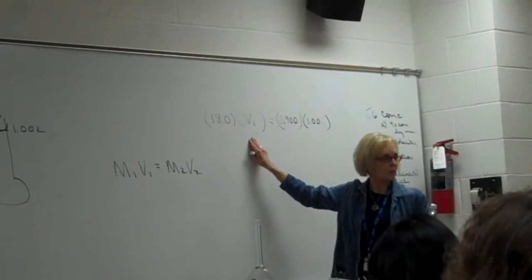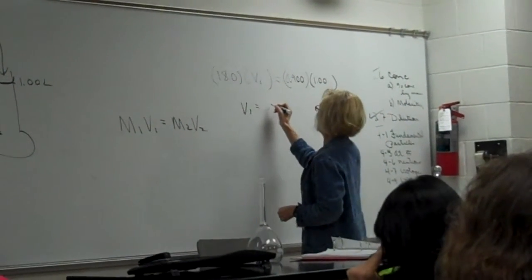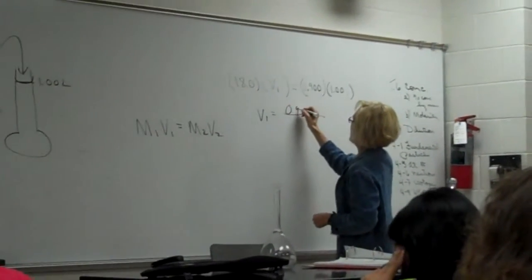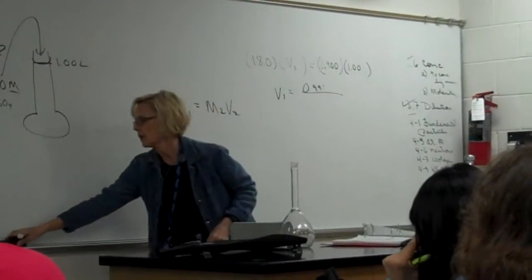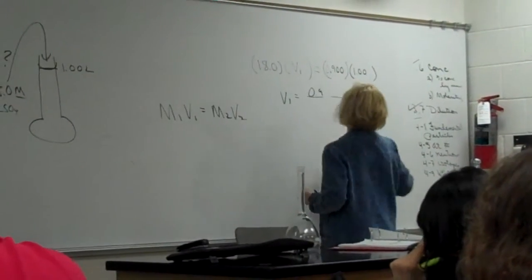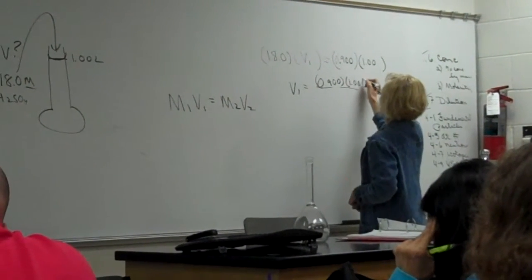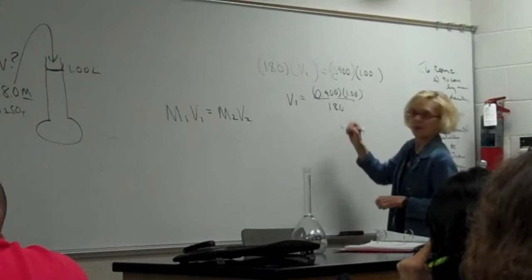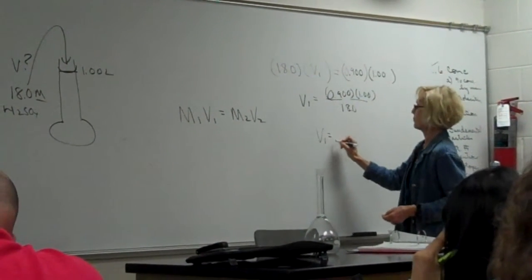Biologists do this kind of stuff all the time. And so we're going to solve for V1. So we have 0.900 times the 1, divided by the 18. Andrew, what did you get for V1?